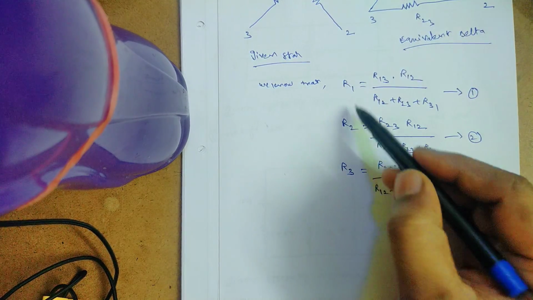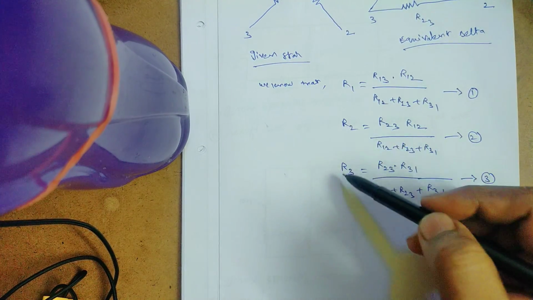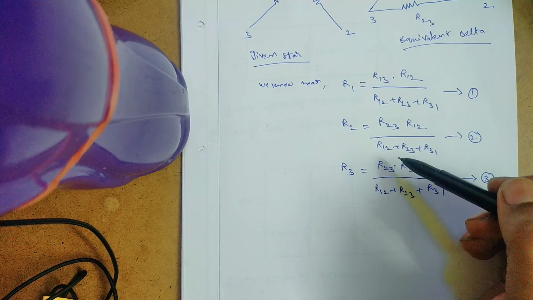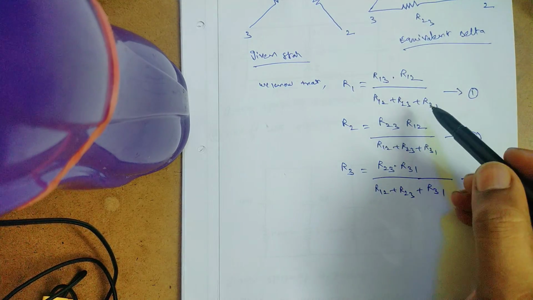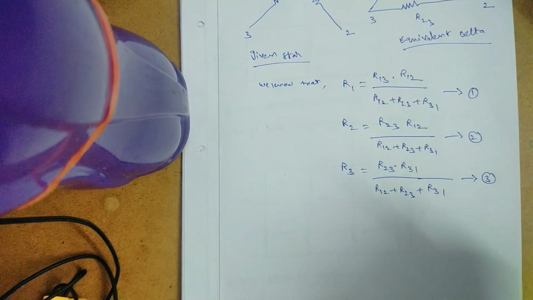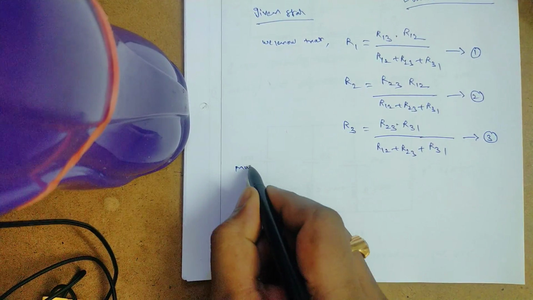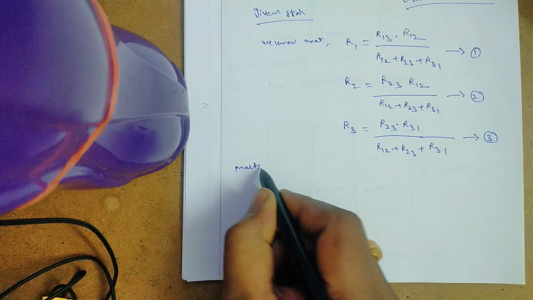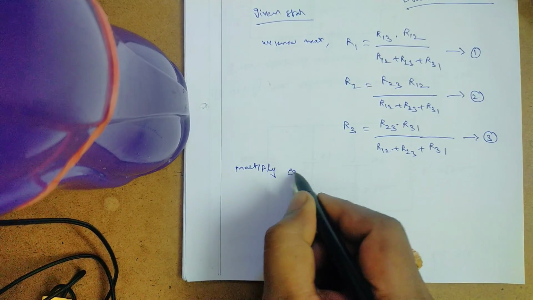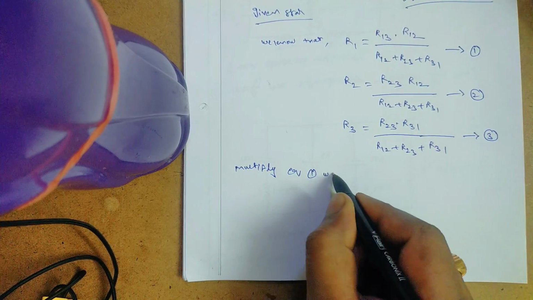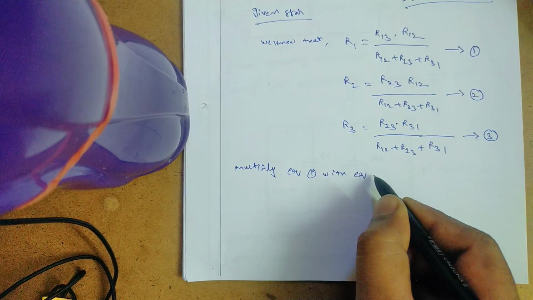Okay, we know these R1, R2, R3 are the star branches, which are expressed in delta branches in delta to star transformation. Now multiply equation 1 with equation 2.